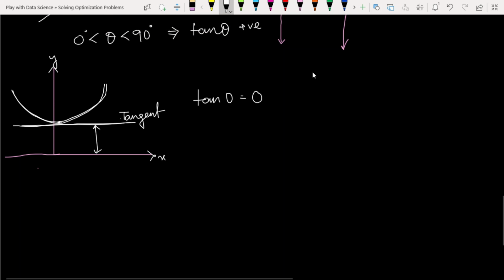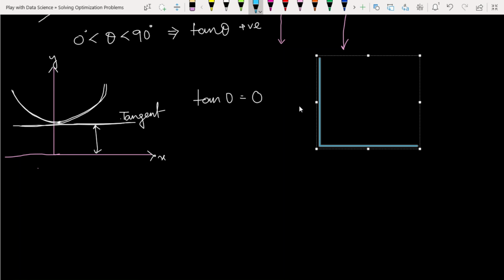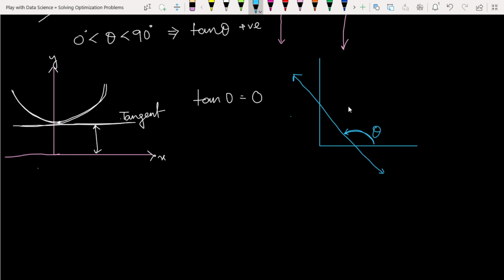And if you see this, if our theta value is greater than 0 degrees, it means the angle between the x-axis and this line in the positive direction is theta.